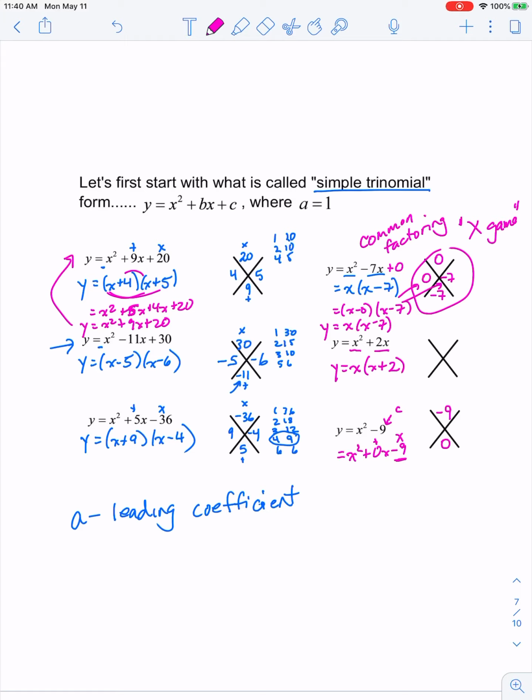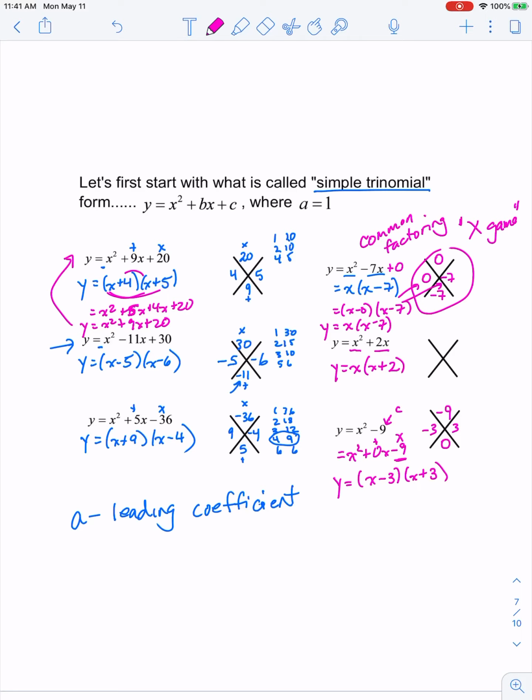That's if they are the same number, but one is positive and one is negative. So what two numbers will multiply to give you negative 9, the same number but one positive and one negative? Well, that would be negative 3 and positive 3. So then this factors like this, (x minus 3)(x plus 3).